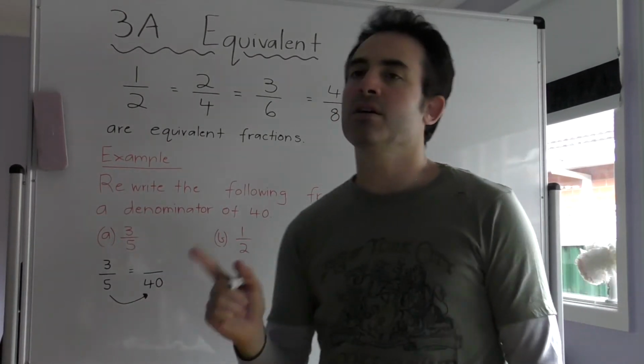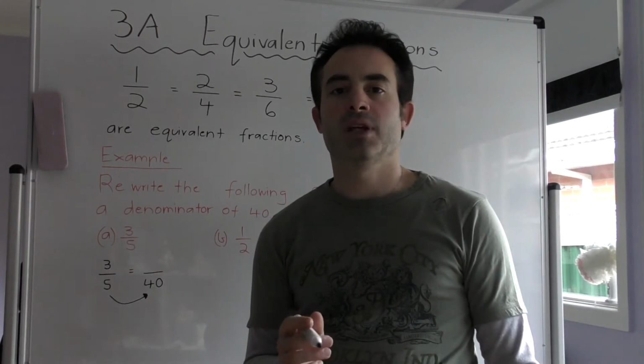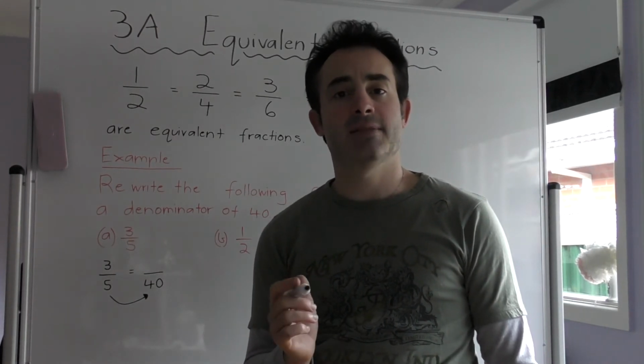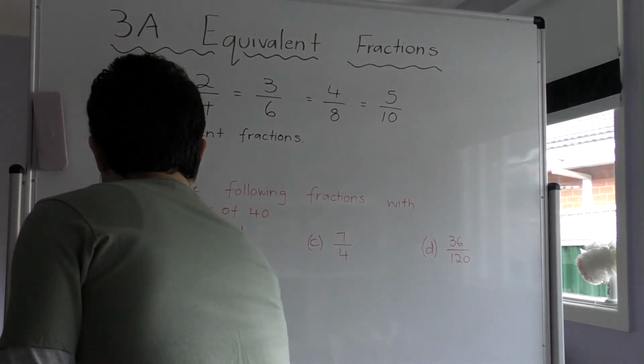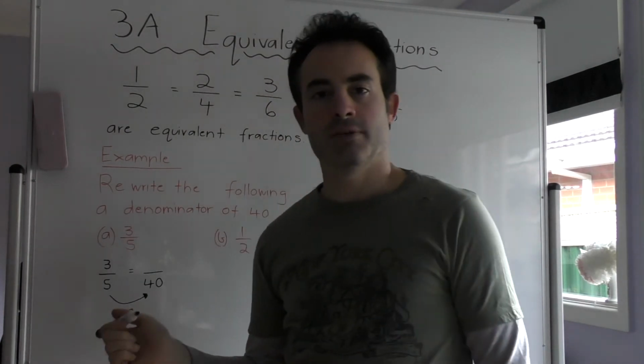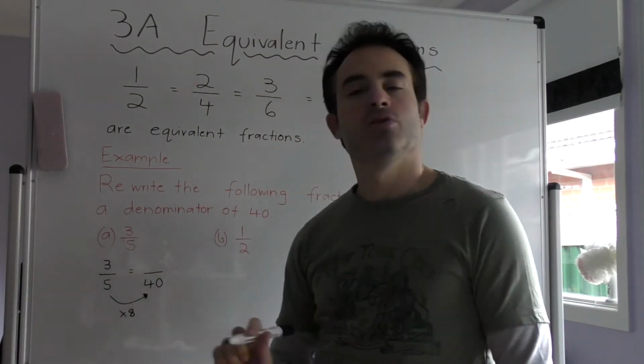Have a think. What number do we multiply 5 by to get 40? It's going to be 8. So we multiply the 5 by 8 to get 40. Now, whatever we do to the bottom, we also do to the top.